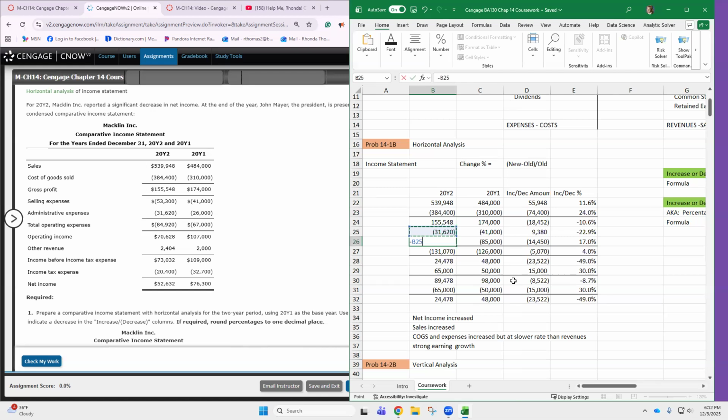And I haven't been careful, so I've got to go back and fix it. All right, so after 155,548. There we go. Okay. Yep, that matches.